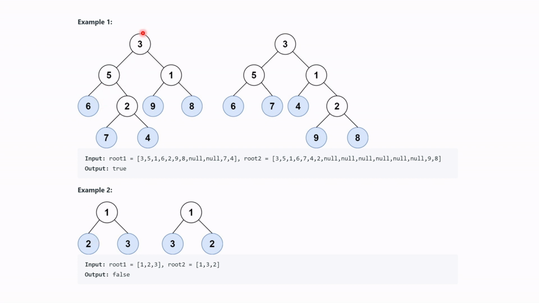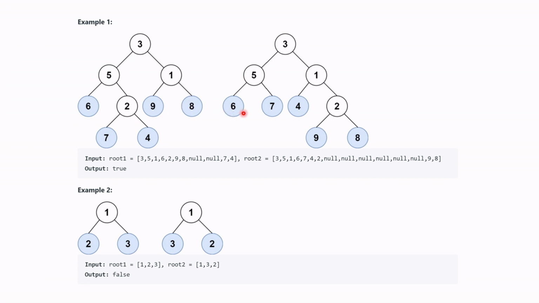As you can see here, we have 3, 5, 1, and 5 has children. Now we will see this calculation: 6 5 7 is 17, and 9 8 is 17. Now we are doing it so that 1, 3 and 5 remain the same.